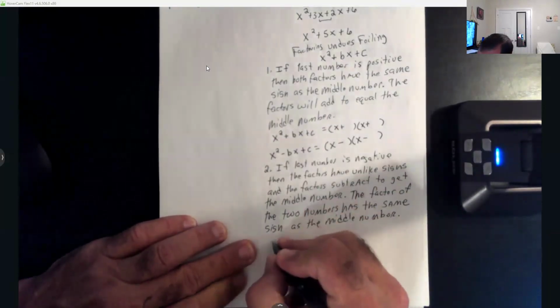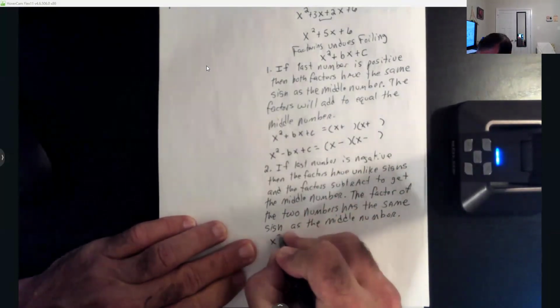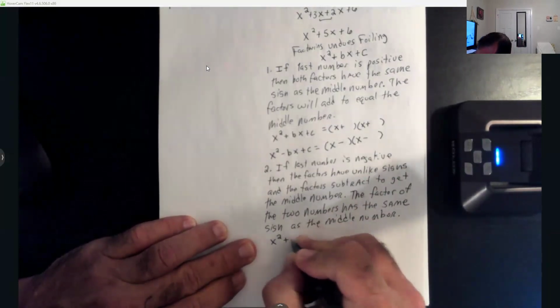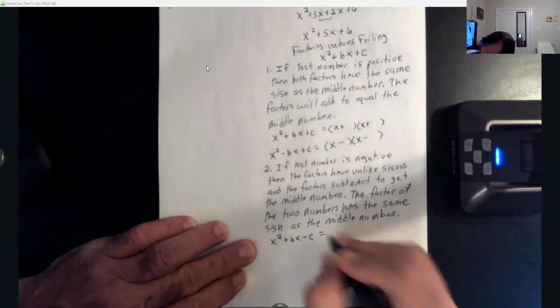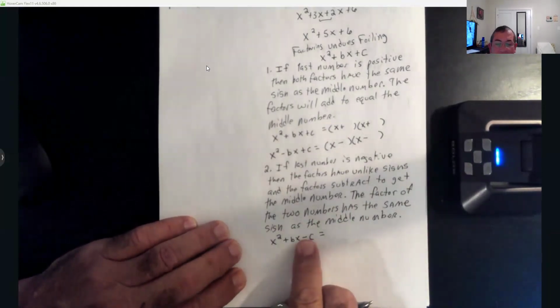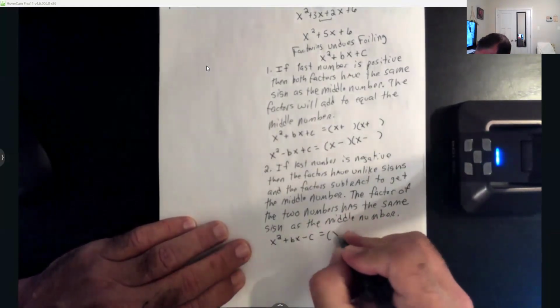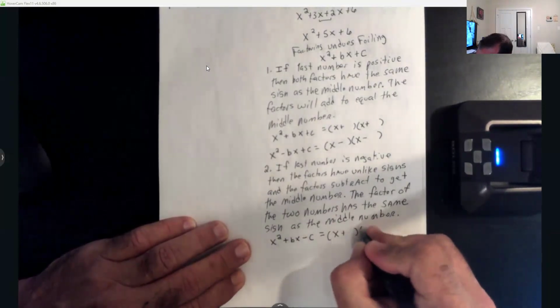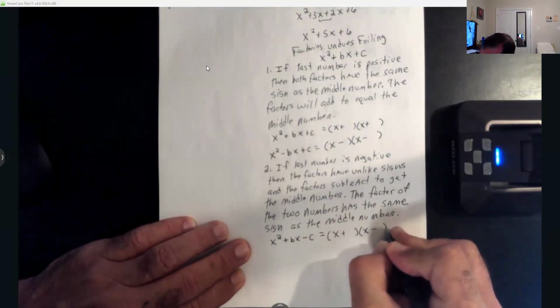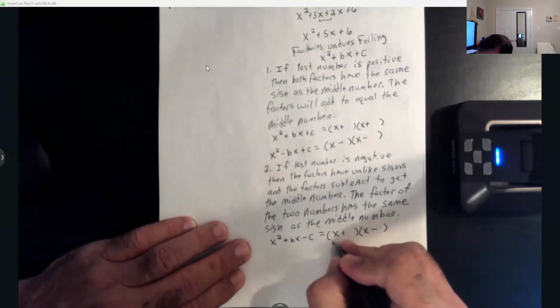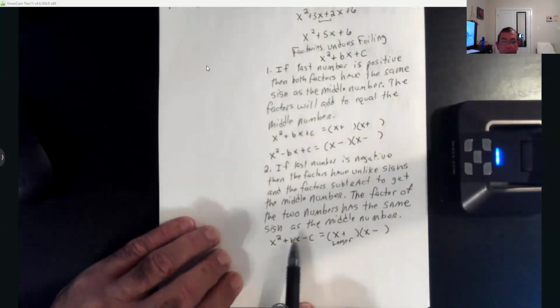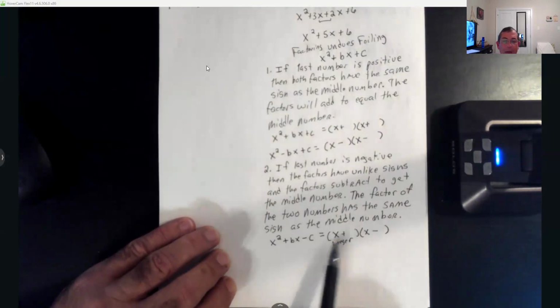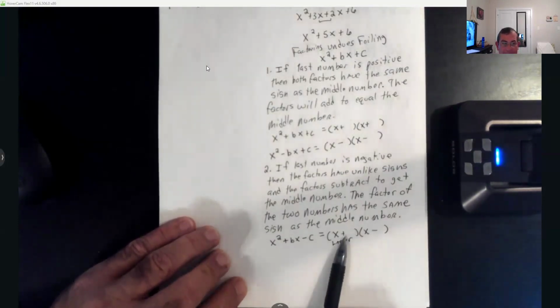All right, so those could look like this. x squared plus bx minus c. Notice my last number is negative now. So that'll give me a plus factor and a negative factor. This will be the larger factor. Since the middle's positive, my larger factor will be positive in this case, okay?